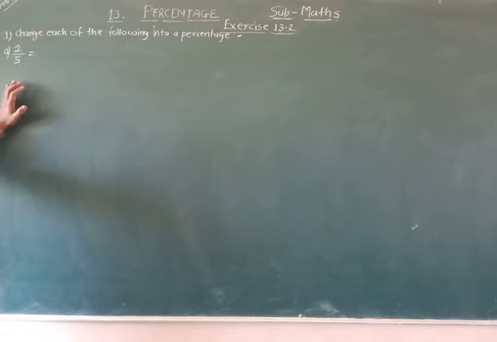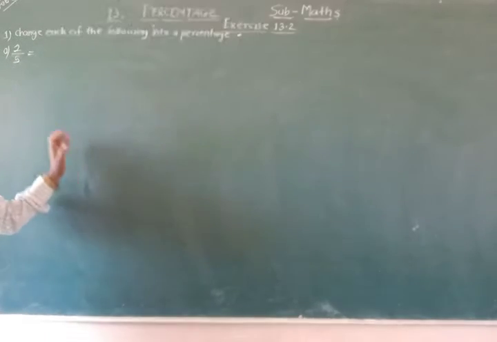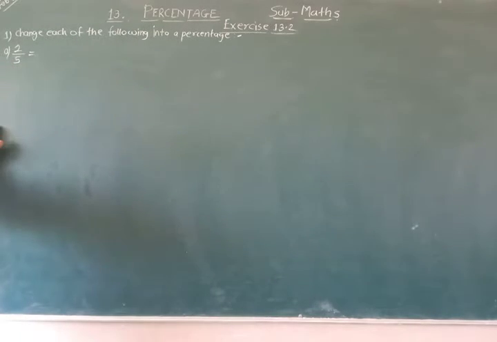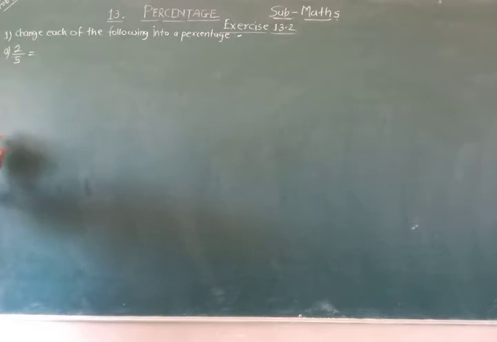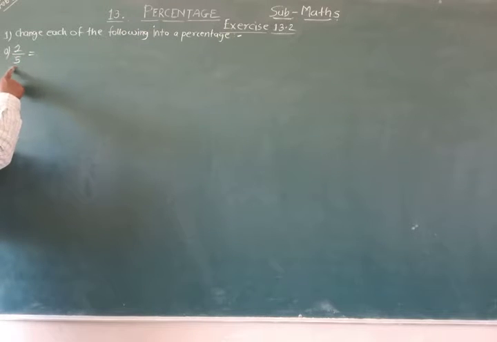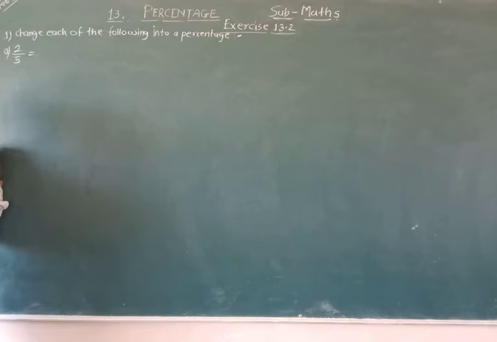In this exercise, change each of the following into a percentage. Here, the fraction 2 upon 5 is given. This fraction is converted into percentage form. See here, in the denominator 5 is present. You know 20 5s are 100.